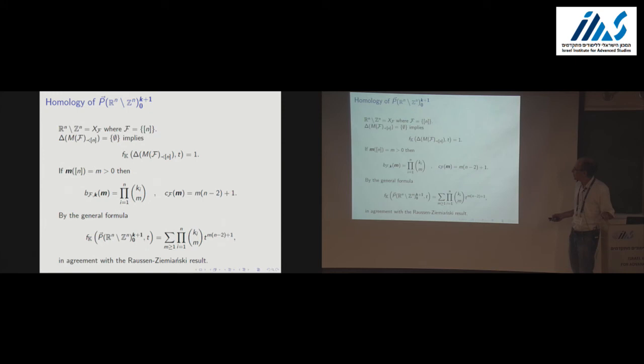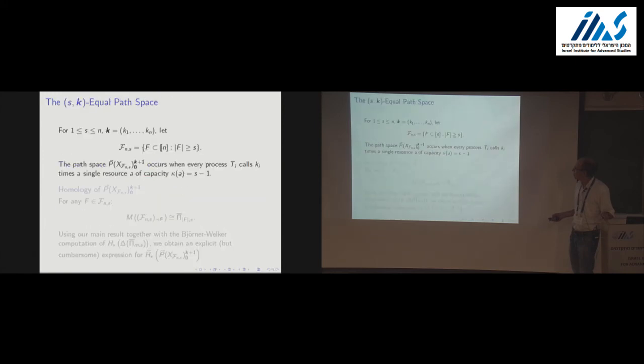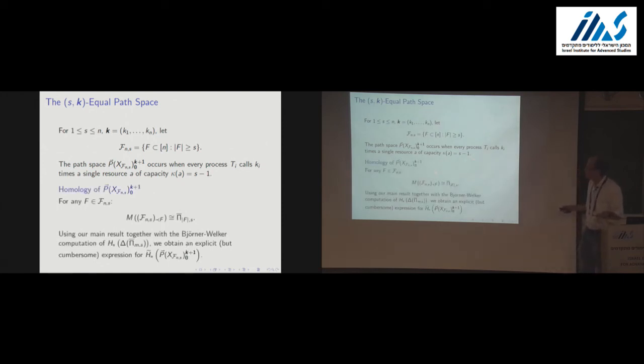You can also do the same thing with the S_k equal path space. In this case, as before, every process T_i calls K_i times the single process of capacity S minus 1 this time. So this time the capacity is smaller, and so we get a different kind of path space.